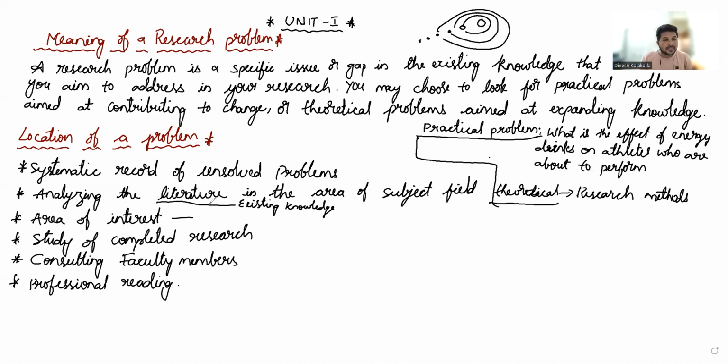Next, consulting faculty members, a very important point. It is very difficult to get out of a research problem or to find a solution for a research problem without any guide or professor or a good faculty member.